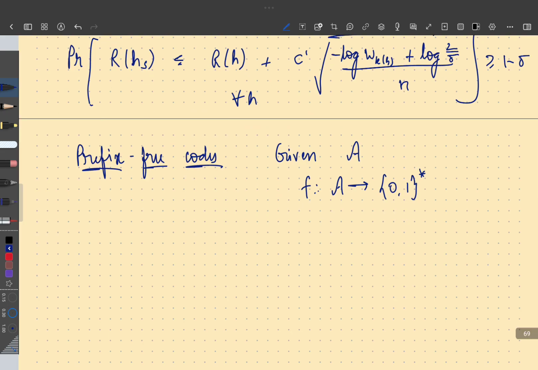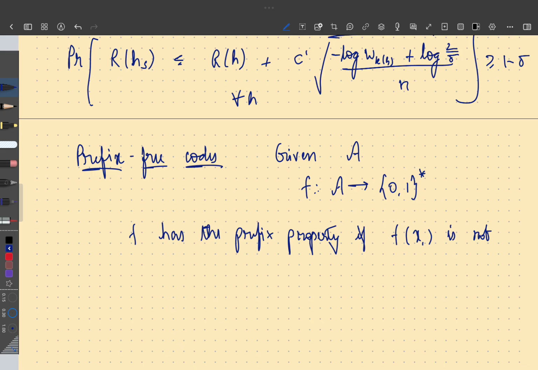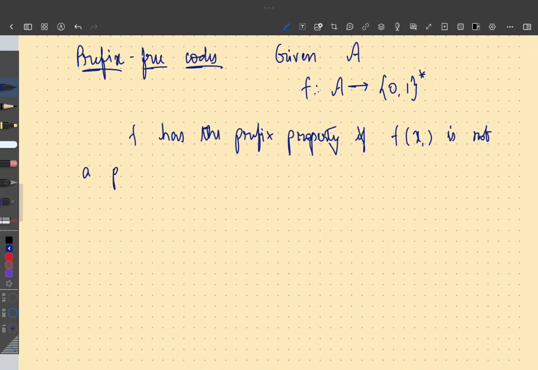Right. So we say that F is prefix free, or F has the prefix-free property, if F of x1 is not a prefix of F of x for any other x.